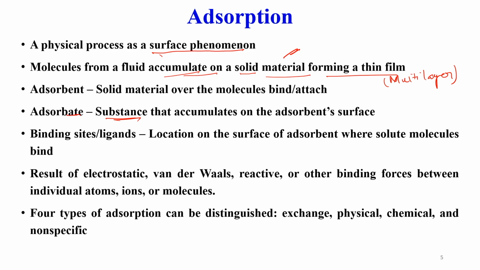In the case of downstream processing, the adsorbate is your molecule of interest. Binding sites or ligands are the locations on the surface of the adsorbent where the solute molecules bind. Because of these adsorbate interactions, depending on their physical and chemical properties, there may be different kinds of intermolecular interactions.